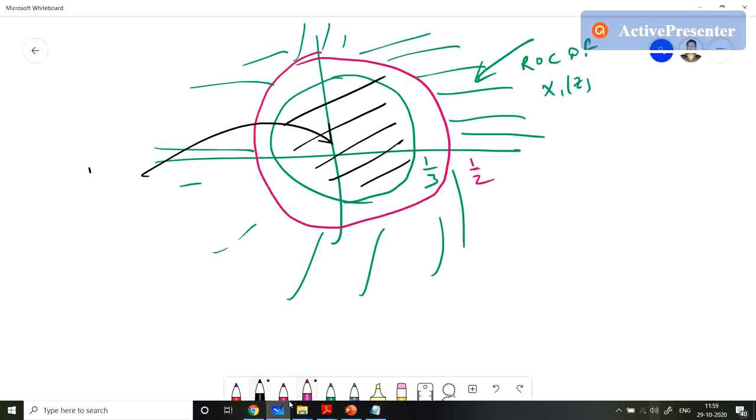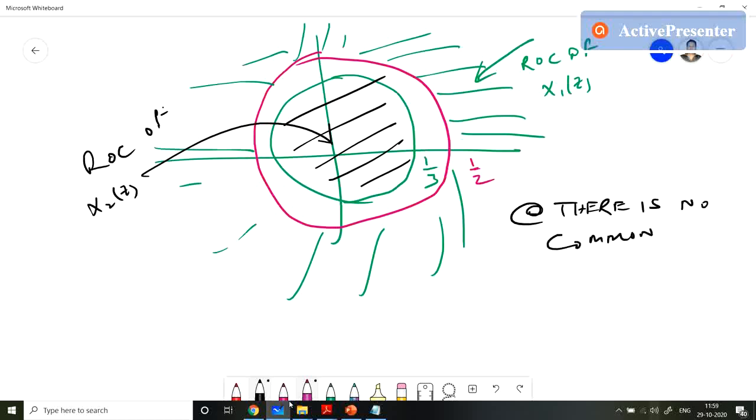If we carefully see the ROC, there is no overlapping. There is no common region of convergence.